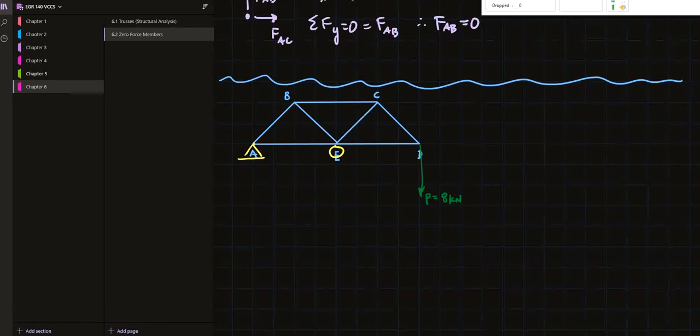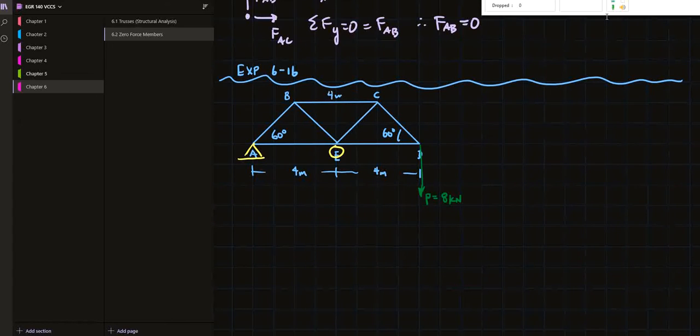Okay, let's analyze this. This is example 6-16 in your book. These are 60 degrees here and 60 degrees here. Also, this distance and this distance, those are 4 meters.